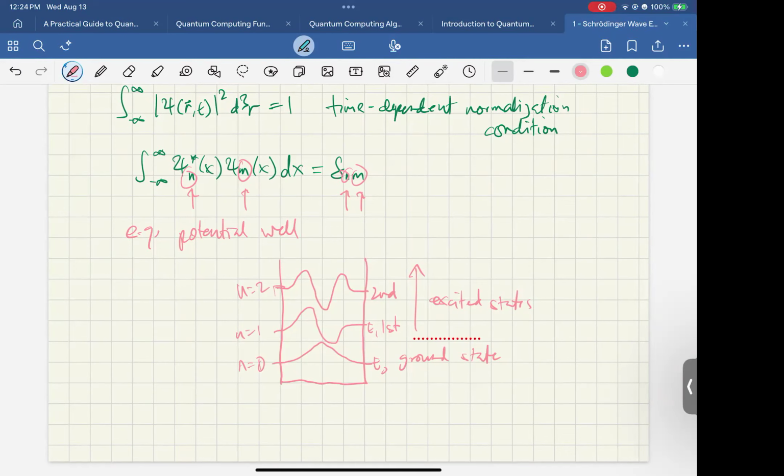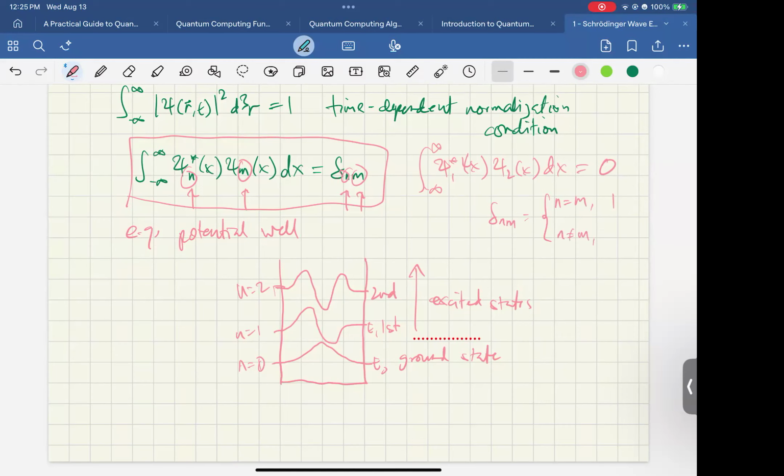Now, if we go back to this equation, this is the normalization condition. Ang sinasabi nito is that for orthonormal states, so psi 1 star of x, psi 2 of x, integral negative infinity to infinity ng dx, this will give us 0. Kasi yung definition ng delta nm is that if n is equal to m, then it is equal to 1. And if n is not equal to m, then it is equal to 0.